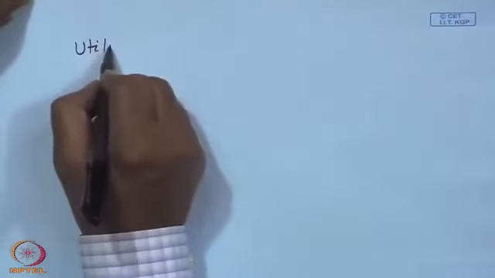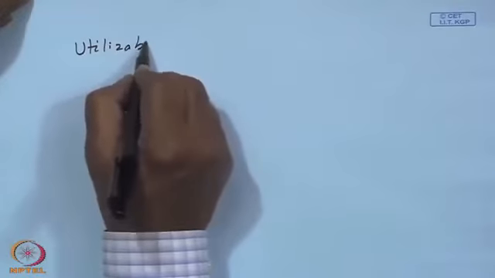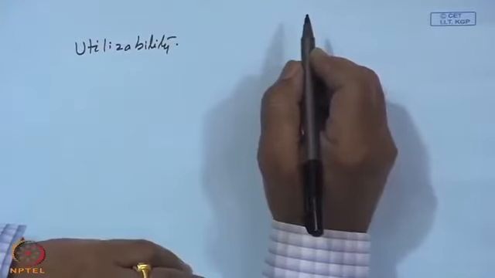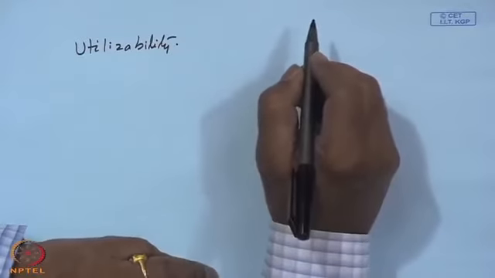Now, in the context of so-called utilizability, which we said is that the solar radiation intensity above a certain critical level shall be useful for meeting the energy demand above a particular specified minimum temperature.